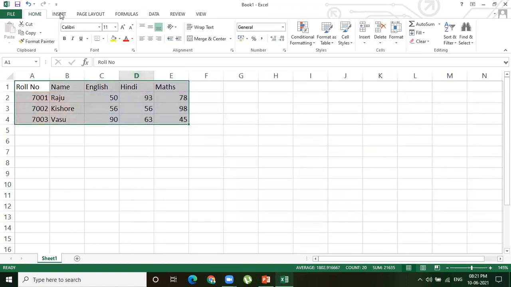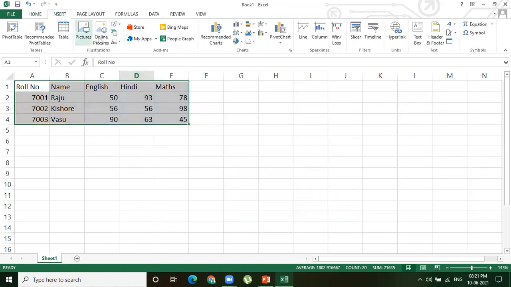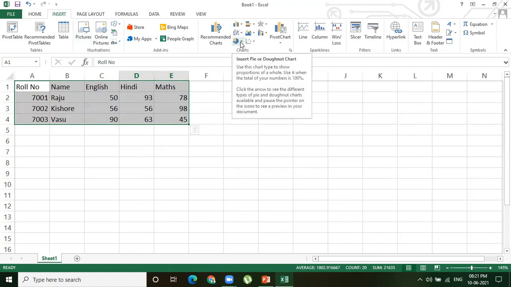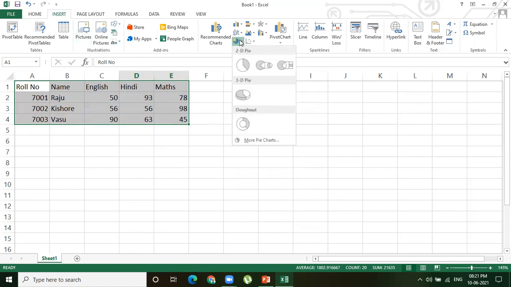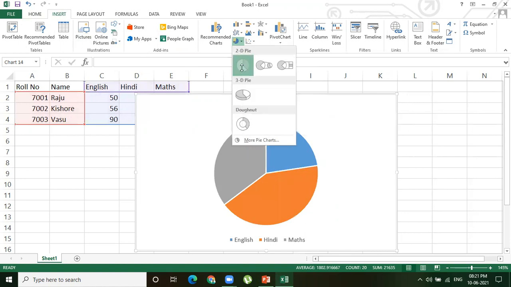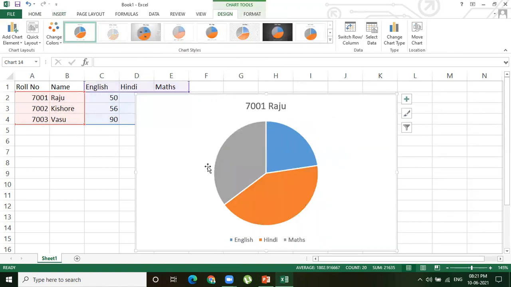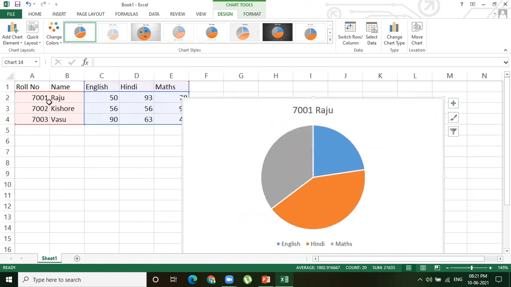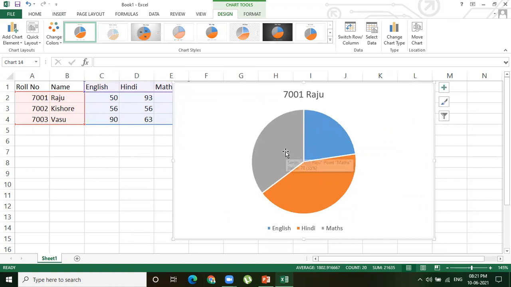So the next one, the last one, I think. So now the pie chart, we will see the pie chart. So here you see the pie chart. When I select pie chart, it is displayed only for Raju. But here we have 3 students and 3 subjects. But here only for Raju, the data series is displayed. Then what about Kishore and what about Vasu?